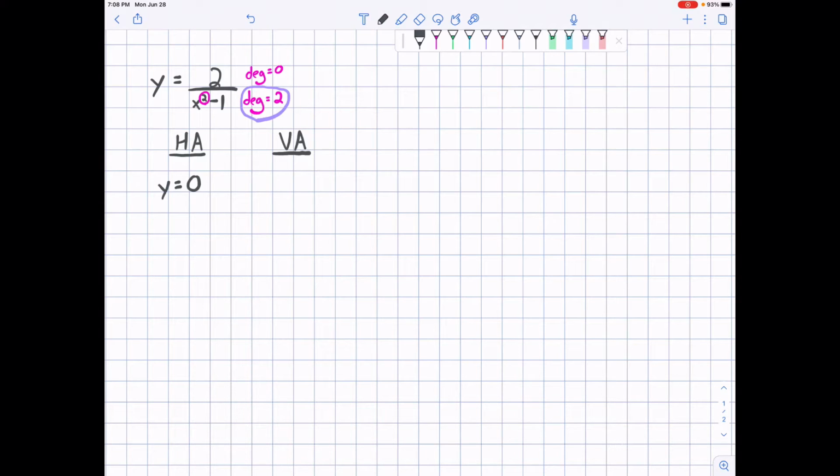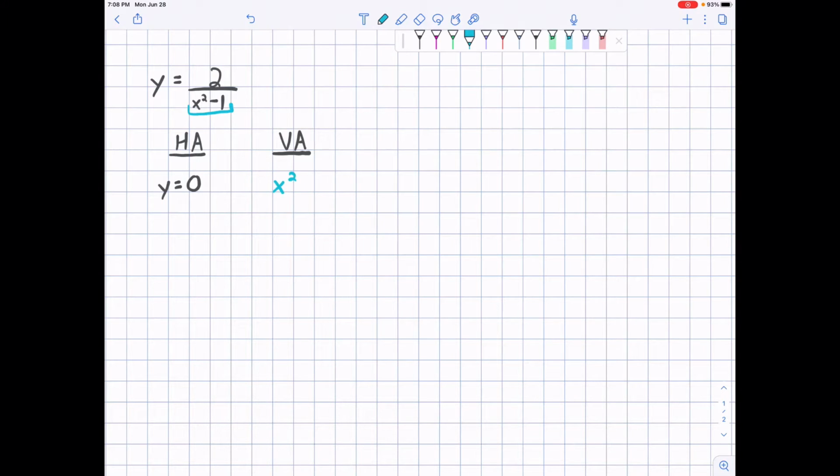If you have a number like 2 over 1,000, and then 2 over 10,000, and then 2 over 100,000, those numbers approach 0, but never actually equal 0. For our vertical asymptotes, we're going to take our denominator and set it equal to 0. This identifies the values of x that the function is not allowed to equal, because you can't divide by 0.